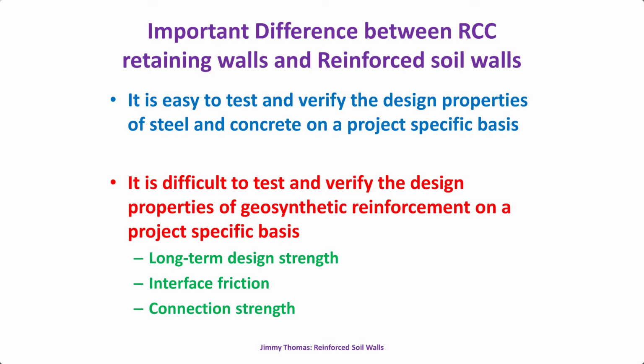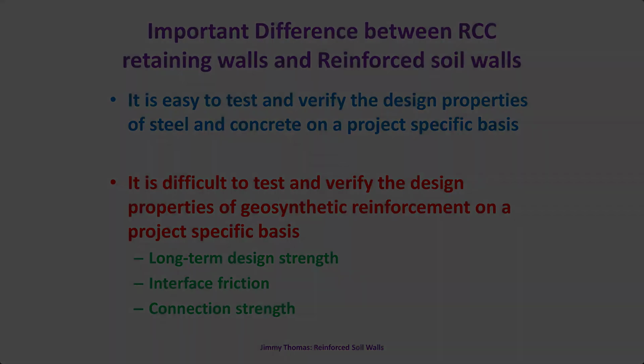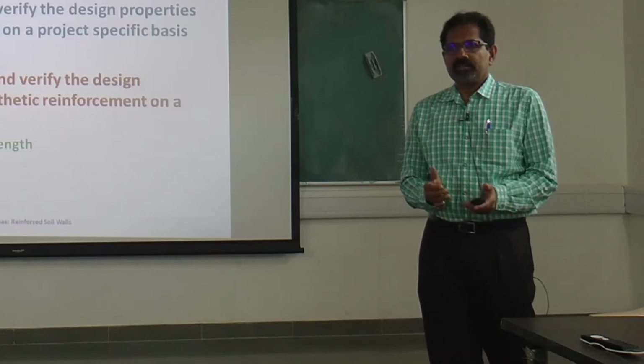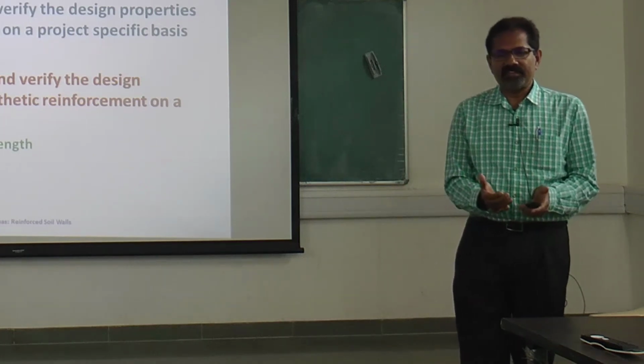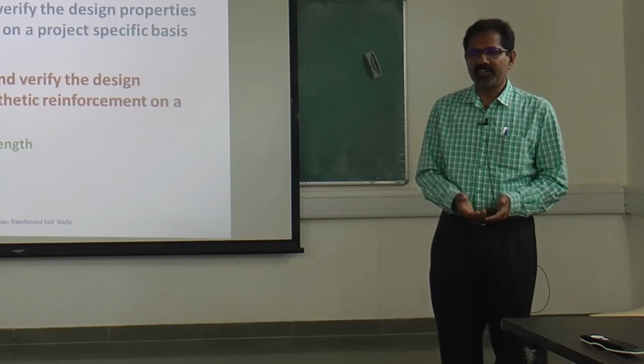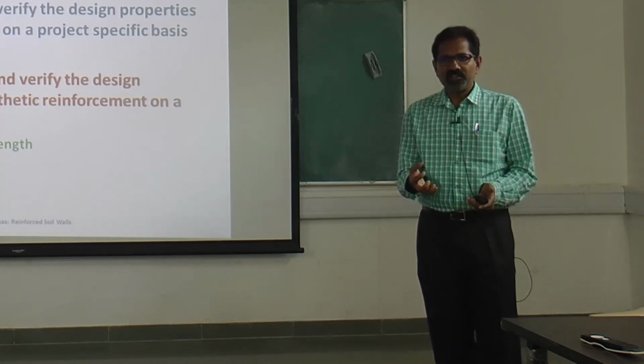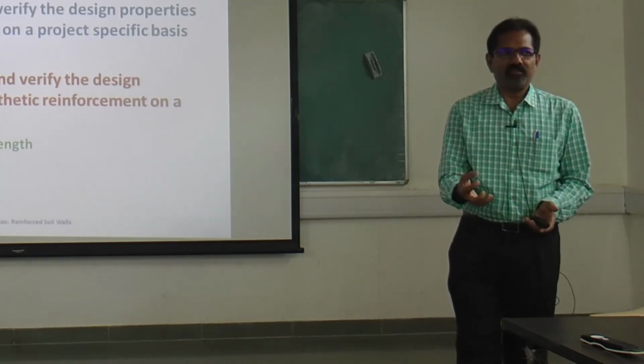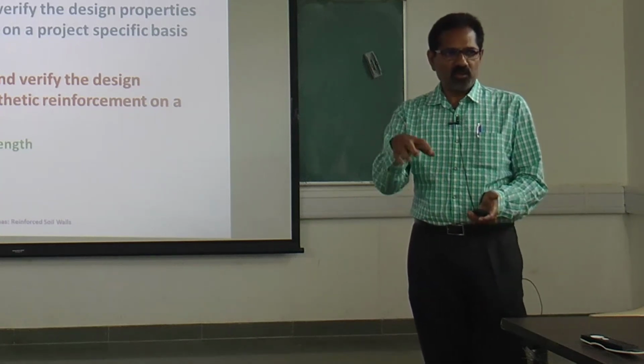If we compare RCC retaining walls with reinforced soil walls, one important difference is that concrete and steel are simple materials. For steel, the properties are very simple: we get the tensile strength and modulus. Similarly, for concrete, all the properties come from a cube test.